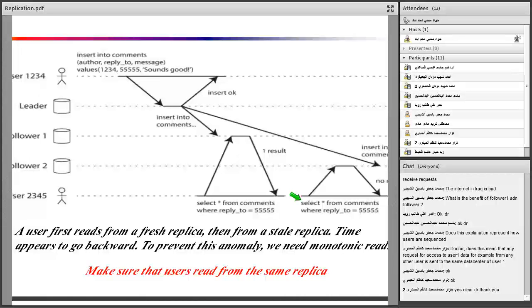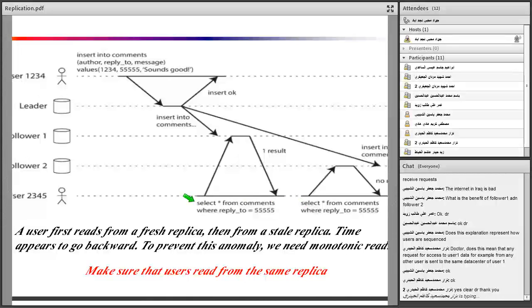The user then decides again to send this query to follower 2, because the user wants to execute this query again.